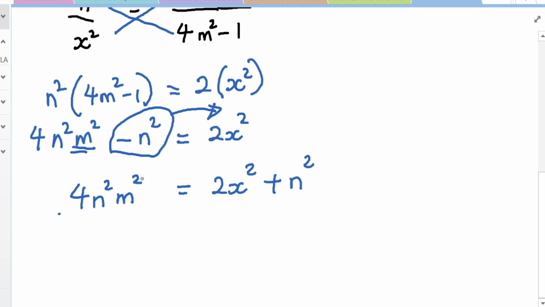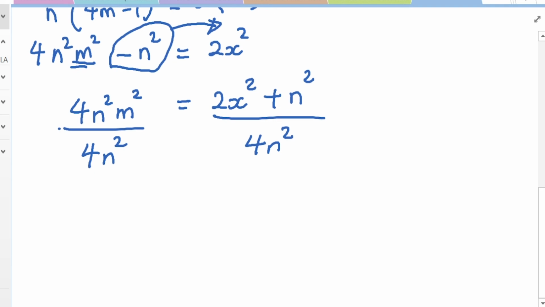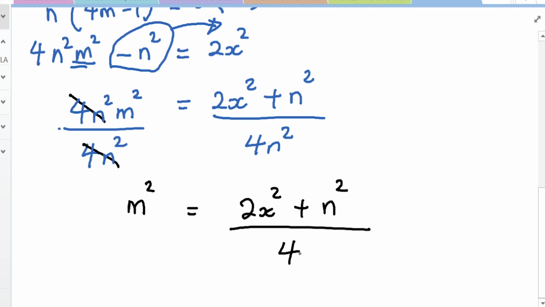So since we want m isolated, divide both sides by 4n squared. From here, we end up having this going with that. We remain with m squared, giving us 2x squared plus n squared over 4n squared.